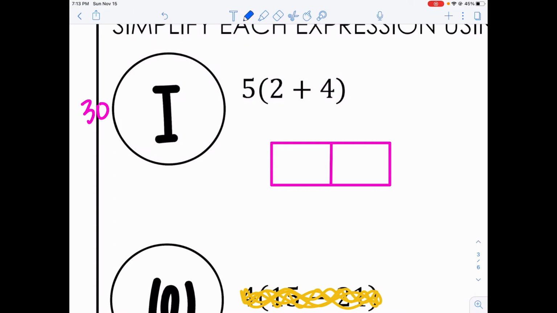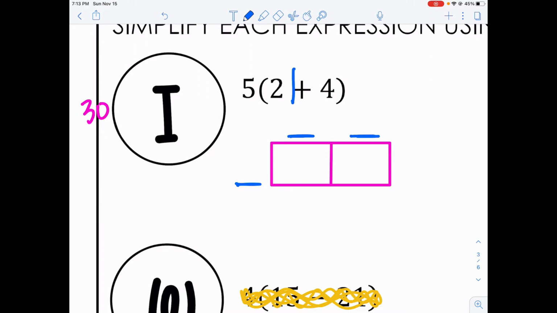Now, the number in front of the parentheses goes in front of my boxes. The first term goes above the first box, and the operation sign plus the second term goes above my second box.